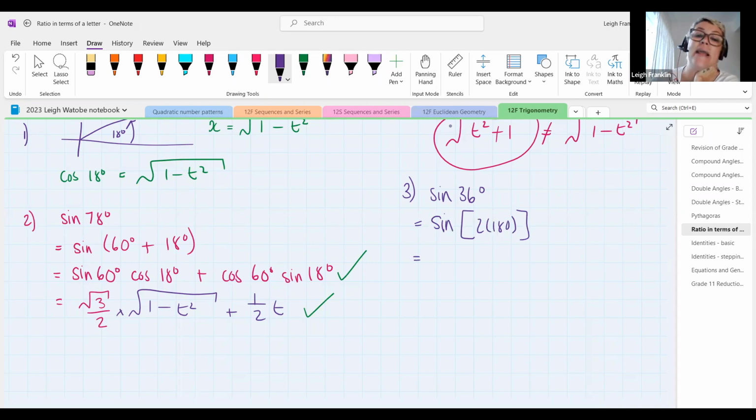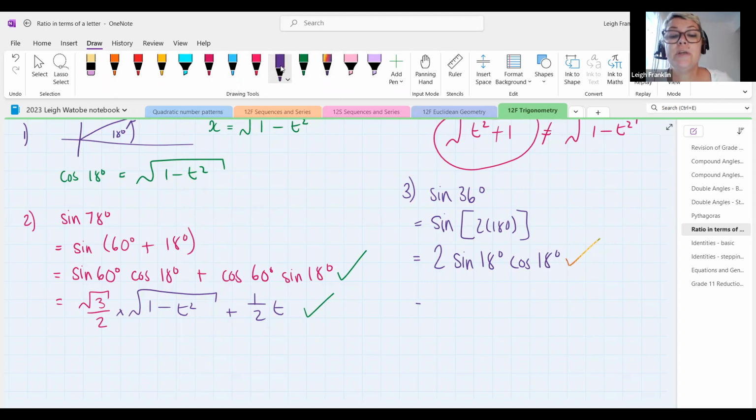Okay, so now, Naledi, once you write sine 2 times 18, you must write 2 sine 18 cos 18, okay? Because if you don't, you're not going to get a mark for that. So make sure that you put this step in as well. And then what did you have after this? My final answer was 2t.